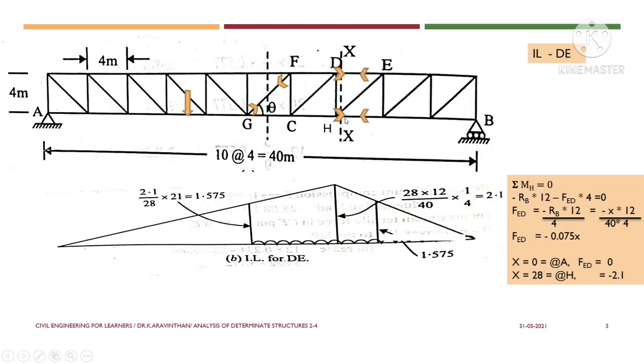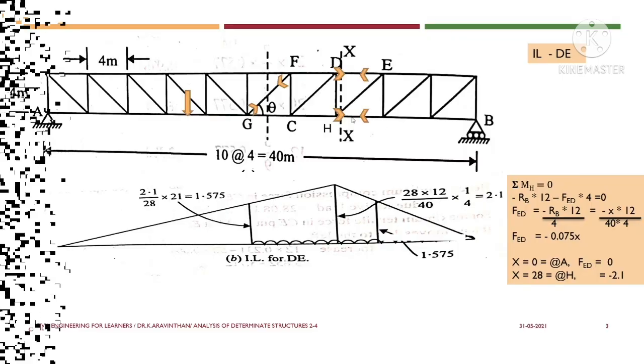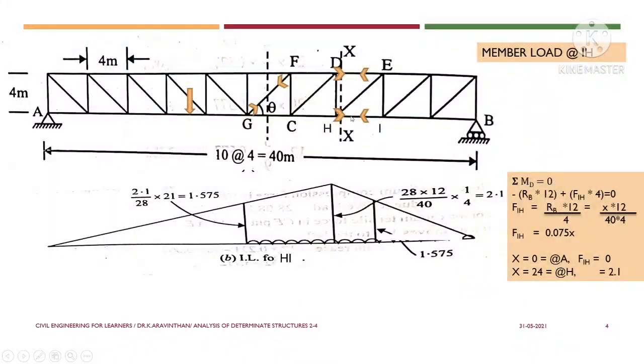Let us find the influence line for the member HI, the bottom chord member. If I want to find the influence line for this member HI, I can take the moment at point D. So I will be getting the perpendicular distance. The load is assumed as acting in the left hand side of the region, and let us take the right hand side panel.